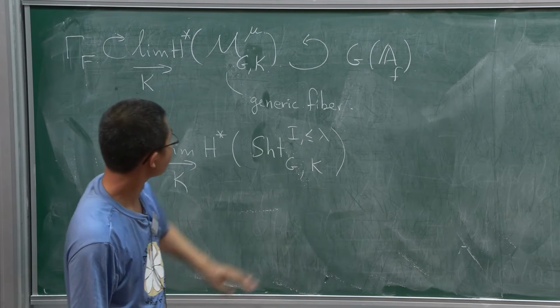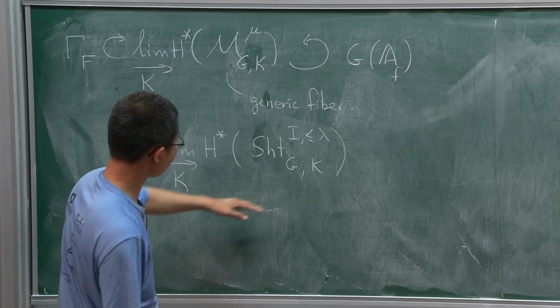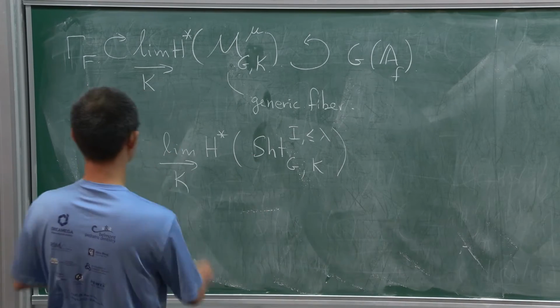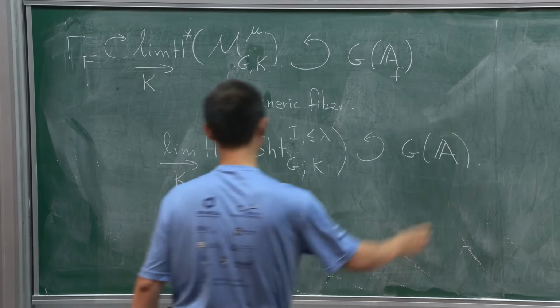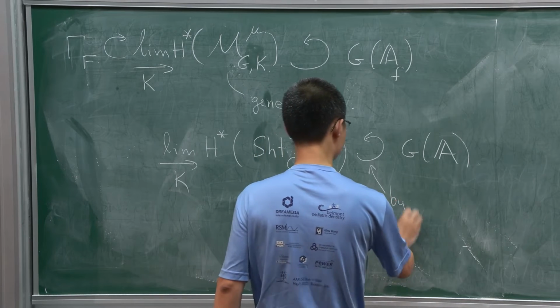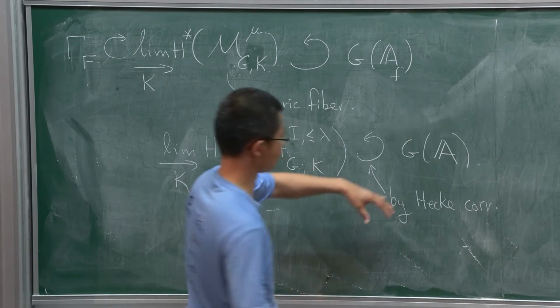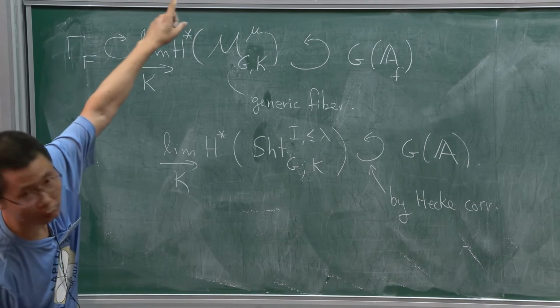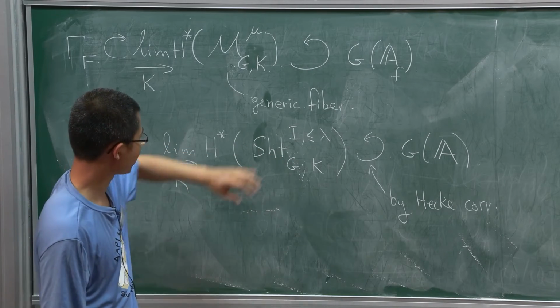We can have a tuple of mu's or lambdas. And if we shrink the level, again we're going to get G adeles acting. This is by Hecke operators, by Hecke correspondences. So this is the limit version of the Hecke operators constructed there, their effect on cohomology.